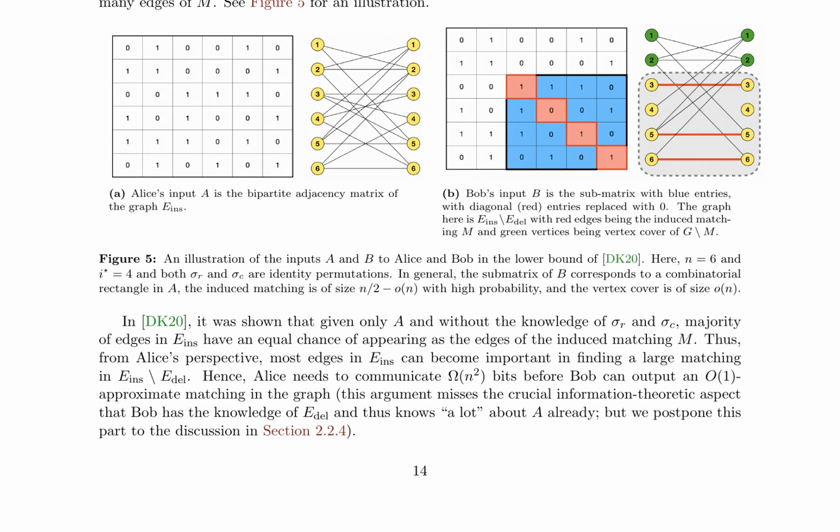However, the authors note that this argument overlooks the crucial information theoretic aspect that Bob has the knowledge of A_del and thus knows a lot about A already, which will be discussed in section 2.2.4.